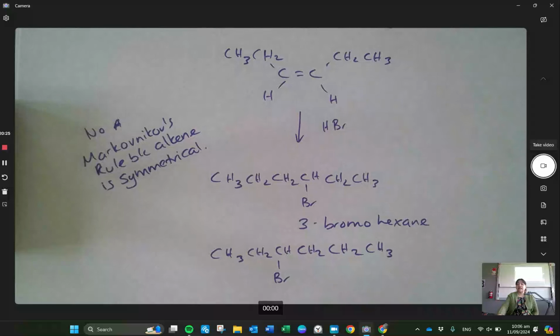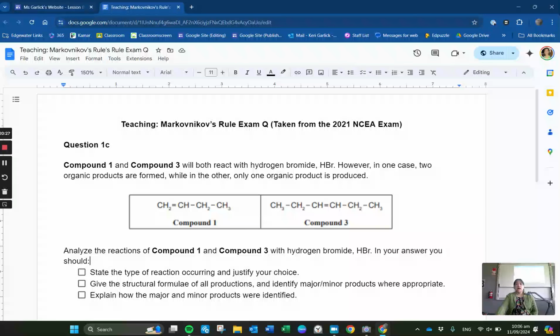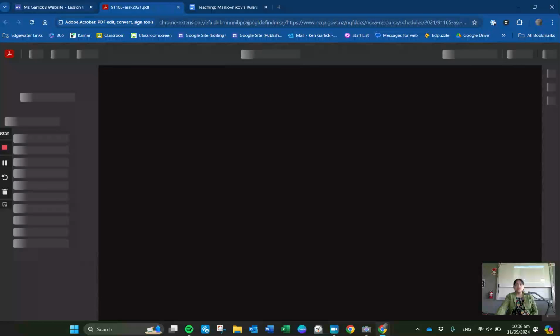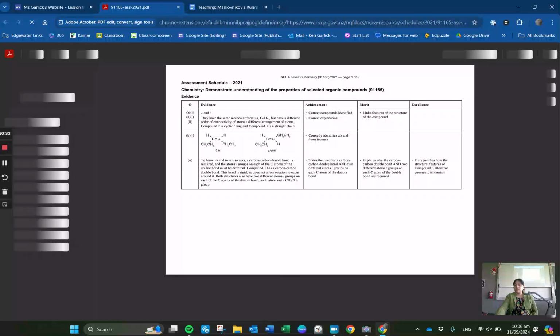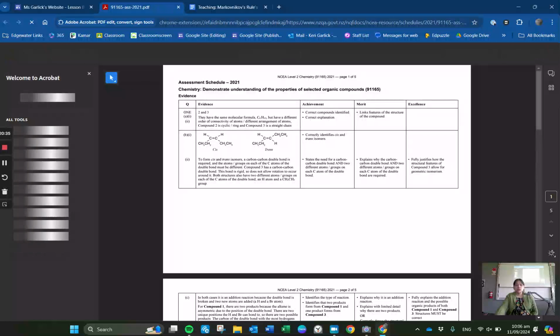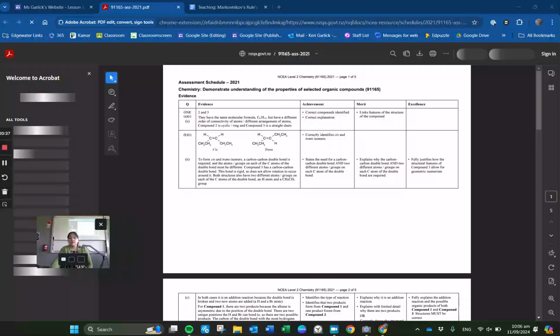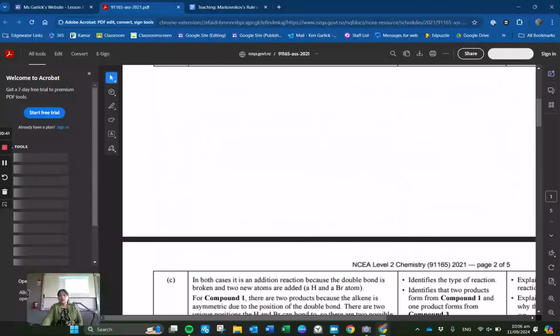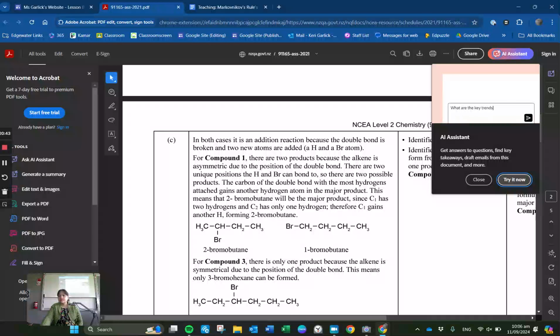So that was that exam question. Just to show you guys the marking schedule so you guys are aware. What was this? Question 1? Zoom that up. There you go.